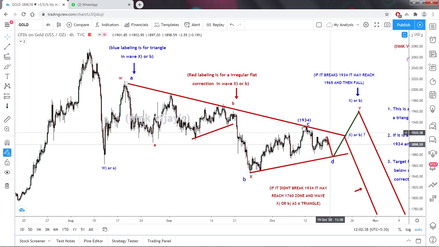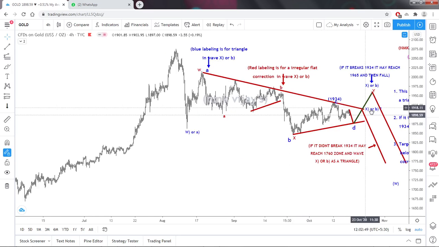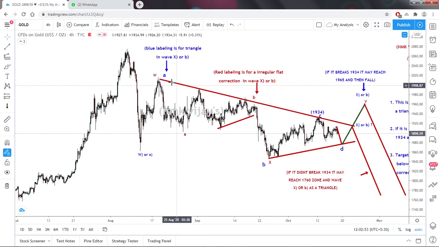After the E wave, if it doesn't break that 1935, if it is again and again struggling to break these higher levels of 910 or 915, there is a chance of this whole thing becoming a triangle in the X or B wave. So this is a running triangle, A, B, C, D, E, and it has to fall down.